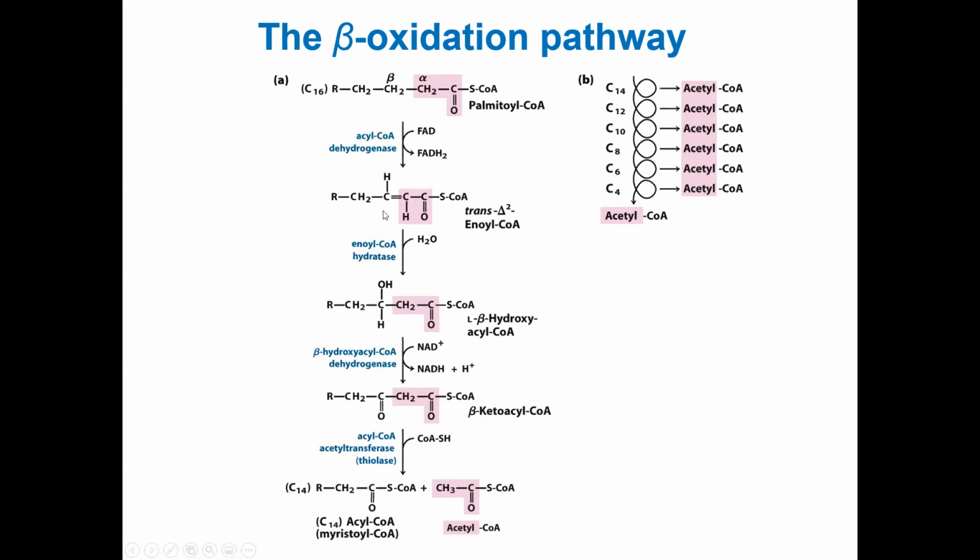Then this molecule becomes a substrate for enoyl-CoA hydratase. Hydratase means it will add a water molecule to trans delta 2 enoyl-CoA in a stereoselective fashion. Because you are adding water, you generate a chiral center at the beta carbon, which is where the water adds.